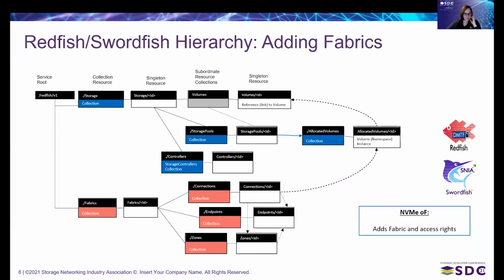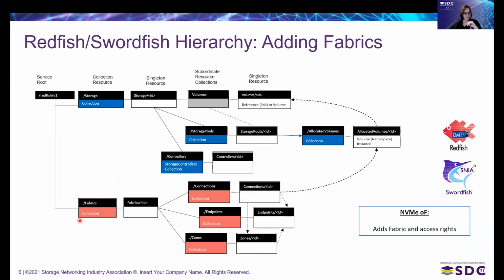Other capabilities we're looking at adding and working on come in a couple of different spaces, but both use the Redfish fabrics hierarchy and definition to accomplish that. So this particular one shows two different things, one of which is just a general model for adding access rights for shared storage. And it also highlights a note that we've actually mapped all of this over to the NVMe-oF use cases as well.